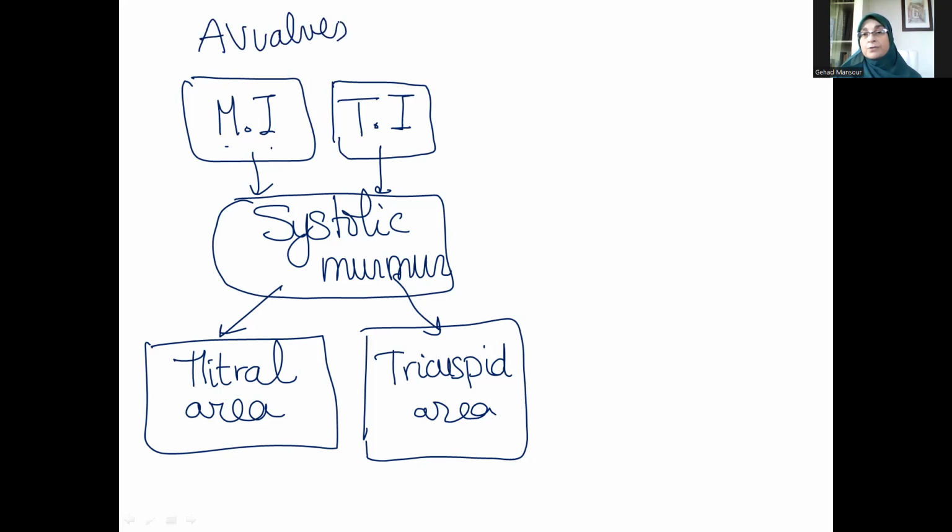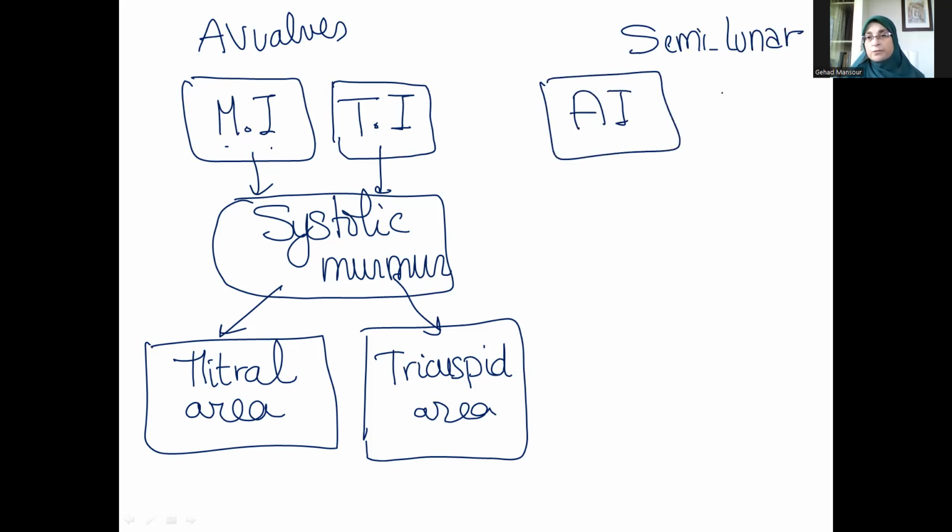atrioventricular valves. If I consider now the semi-lunar valves, then I would talk about aortic incompetence and pulmonary incompetence, okay? So if I consider the semi-lunar valves, then I would talk about aortic incompetence from one side and pulmonary incompetence from the other side.